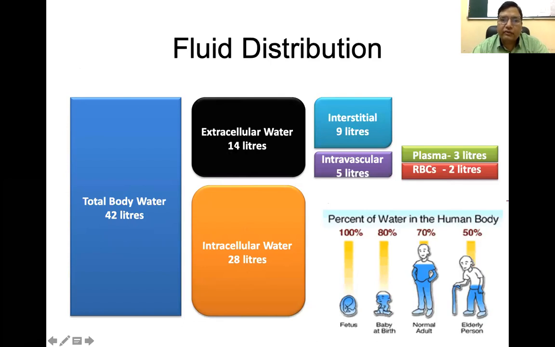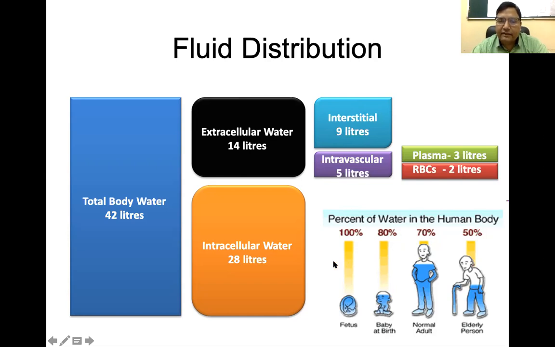And out of this extracellular water, around 1/3 is intravascular, that is around 5 liters of blood. Then the interstitial fluid is around 9 liters, that is the 2/3 of the extracellular fluid. And in the intravascular part, plasma is around 2.5 to 3 liters, and RBC accounts for 2 liters.